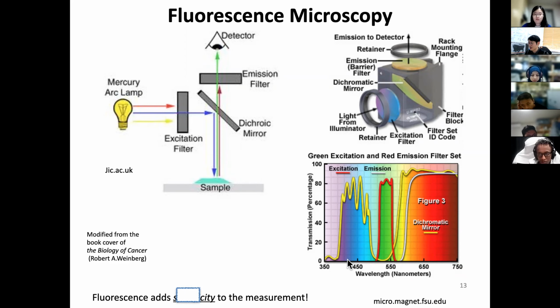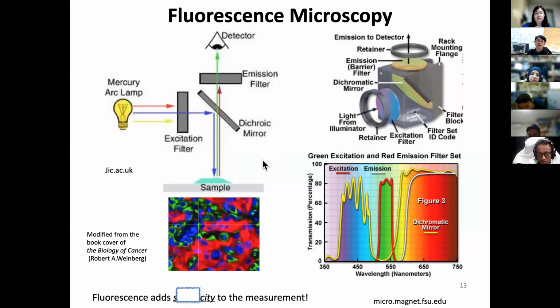It reflects light of lower wavelengths but transmits longer ones. But you realize this is actually not perfect. So you need an additional one called the barrier filter, the yellow one, which provides extra blockage of excitation light so that you can see the emission.